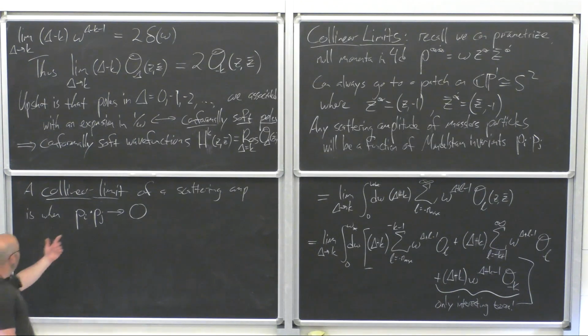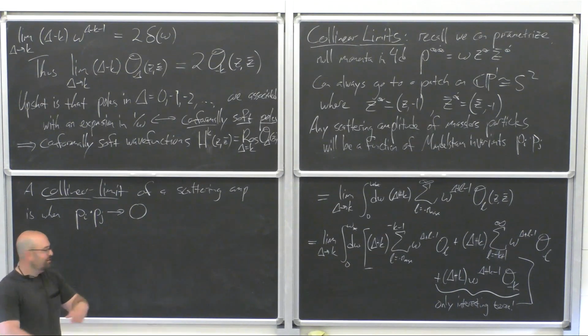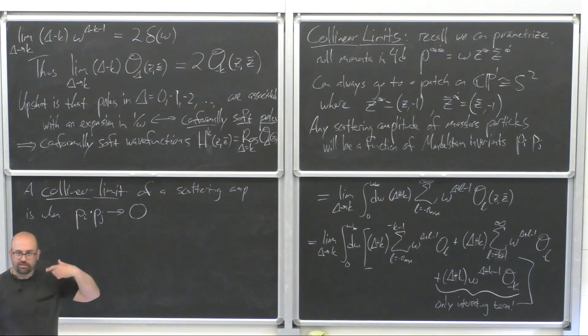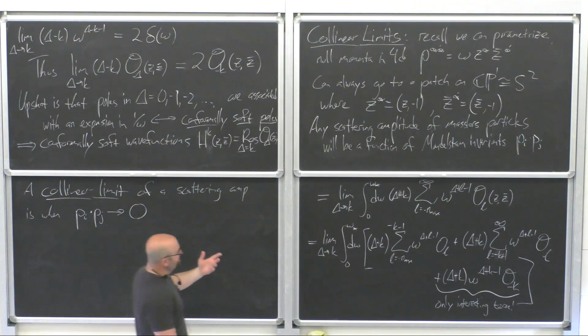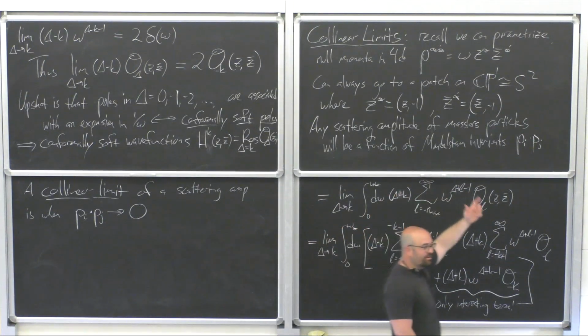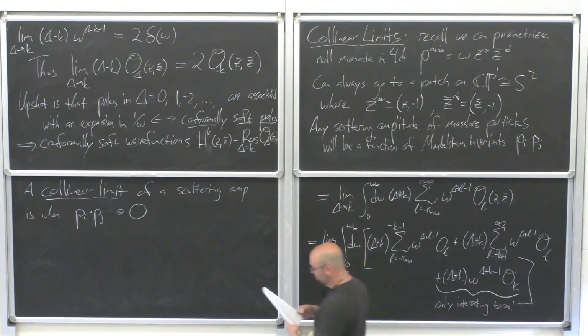So if pi and pj are becoming collinear, it means that their product is now proportional to, say, pi squared, and pi was null. So anytime you have a Mandelstam, one of these kinematic invariants, going to 0, in principle something could happen to your scattering amplitude. It might blow up, it might go to 0, or it might be regular.